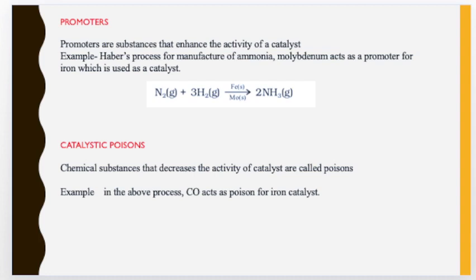For example, in the above process of manufacture of ammonia, if instead of molybdenum carbon monoxide is passed through the mixture, then the rate of reaction will decrease, and therefore carbon monoxide acts as the poison for the iron catalyst.